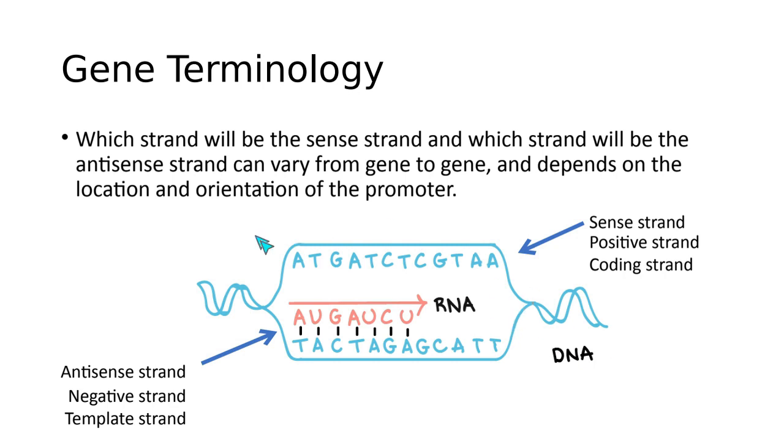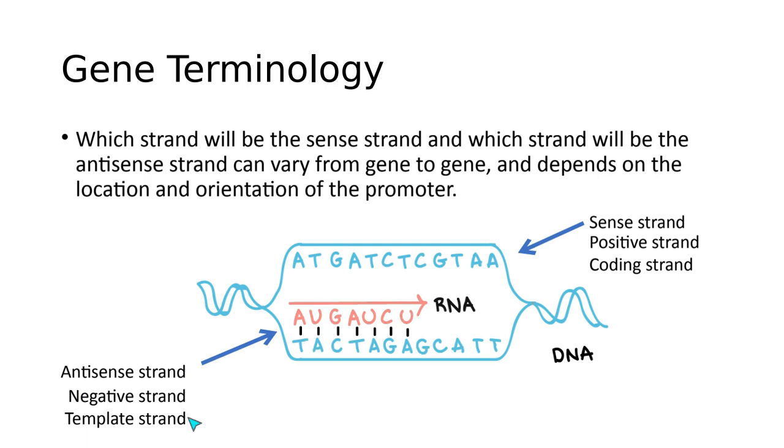This is the especially annoying part. These two strands of DNA go by different names. So the strand down here that the RNA polymerase enzyme is using to build the messenger RNA and match up the RNA nucleotides, this bottom strand goes by these three different names.